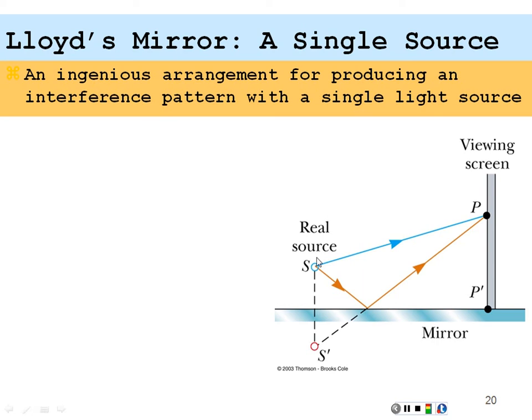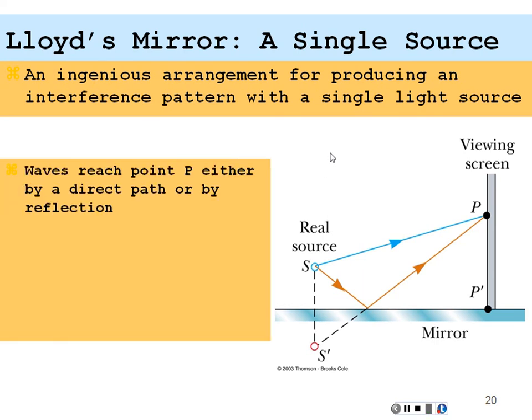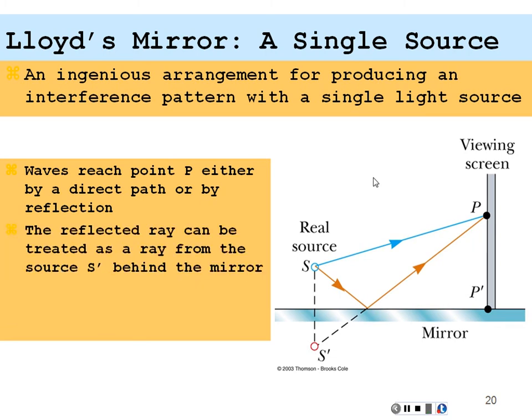This real source is going to emit a wave towards this point P, but it also will emit a wave that will reflect off this mirror and head back up towards P as if it were coming from a point behind the mirror, from where the image is. So the reflected ray can be treated as a ray from a second source, S prime, that is located behind the mirror, as far behind the mirror as the real source is above it.